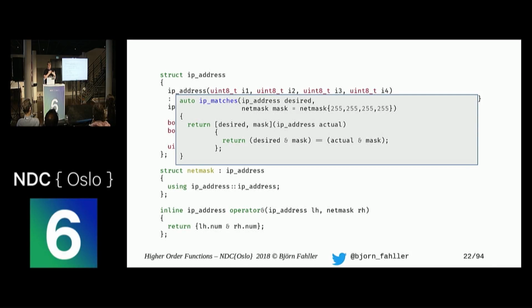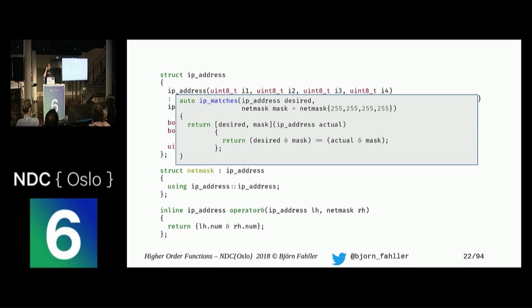A function that I give an IP address that I want to look for and a mask. And I'm using the auto return type to return a lambda that captures the thing I'm looking for in the mask, and it's callable with an IP address, and we check if the masked desired IP address is the same as the masked address called with.